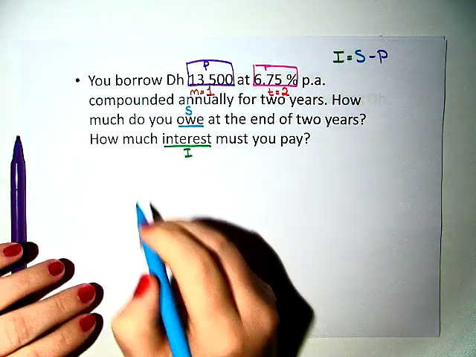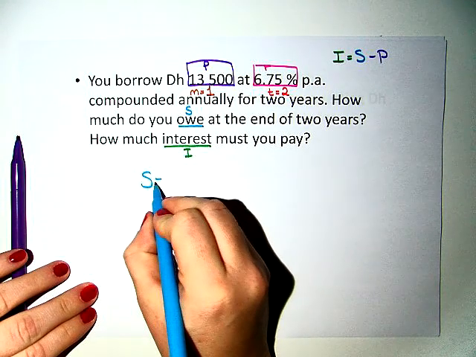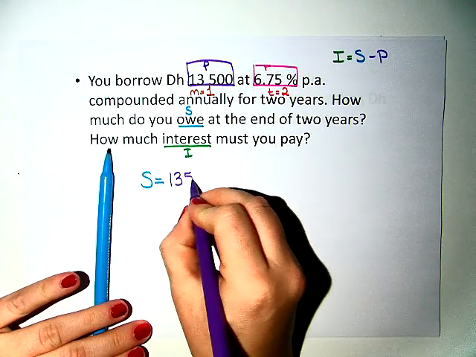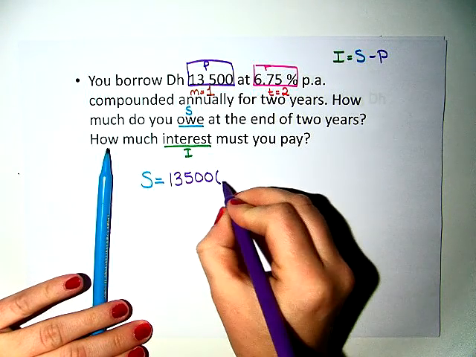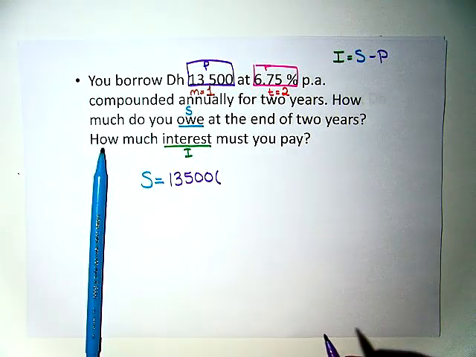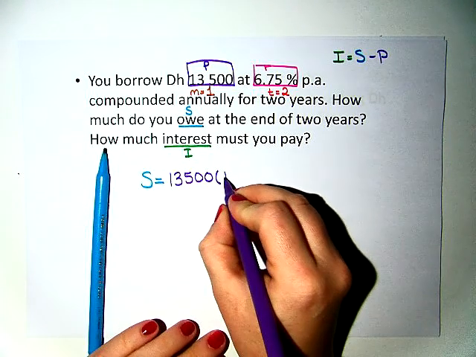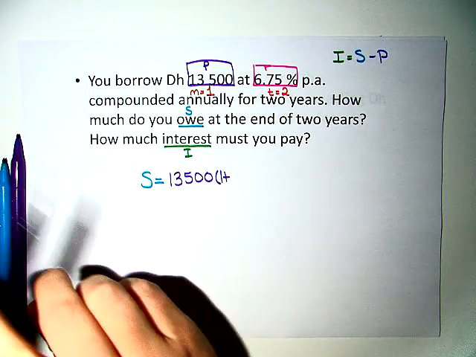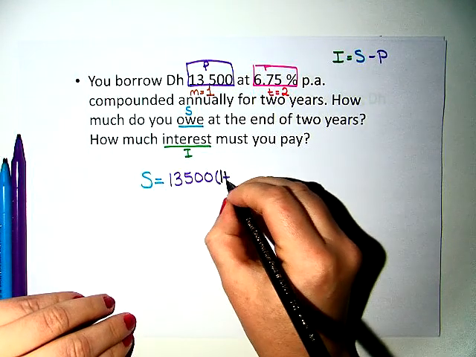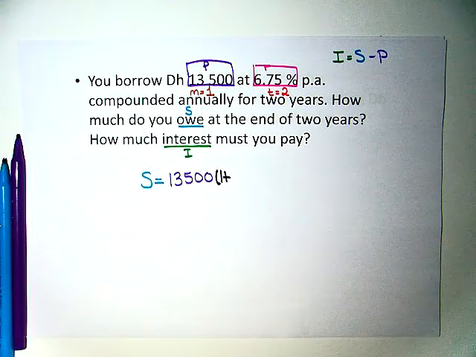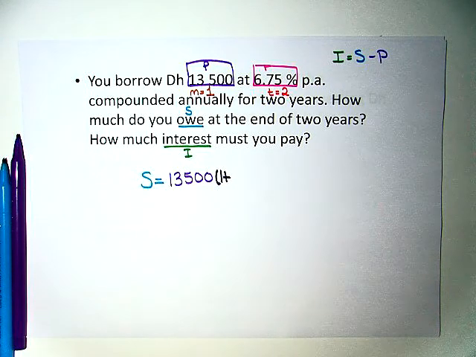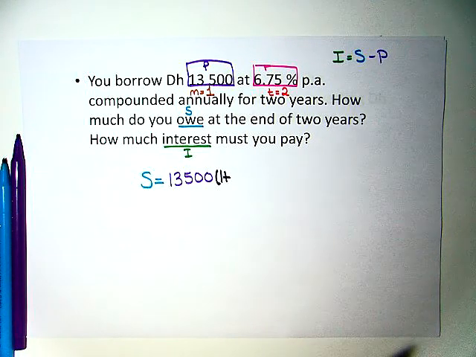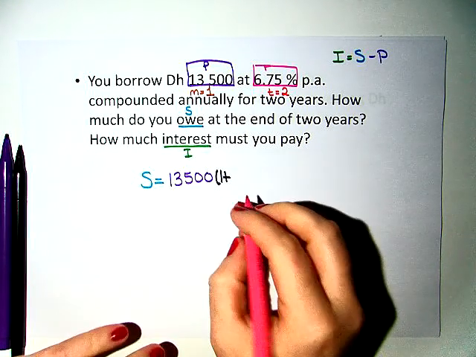So let's go ahead and try to solve this. We know that S equals our principal, 13,500, raised to 1 plus, and then we have this funky letter I. Now we know I is our percentage rate, so we're going to put that over here.